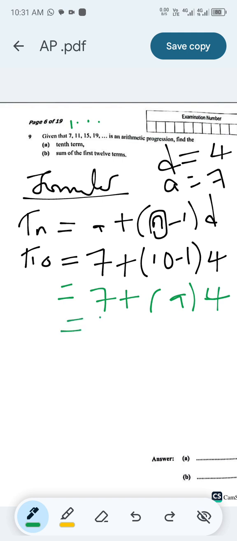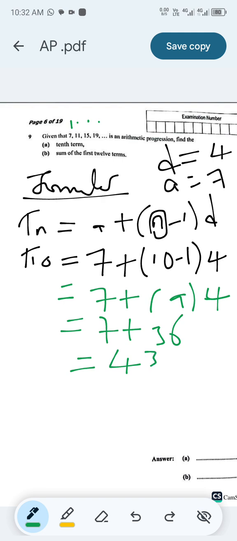So we are going to say 7 plus 9 by 4. So basically 9 by 2, that's 18. 18 plus 18, that's basically 36. Okay. So 7 plus 36, that's basically 43.